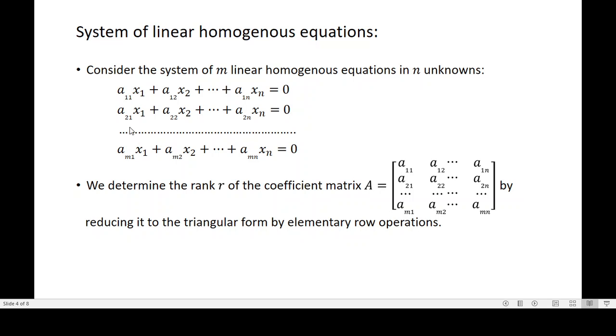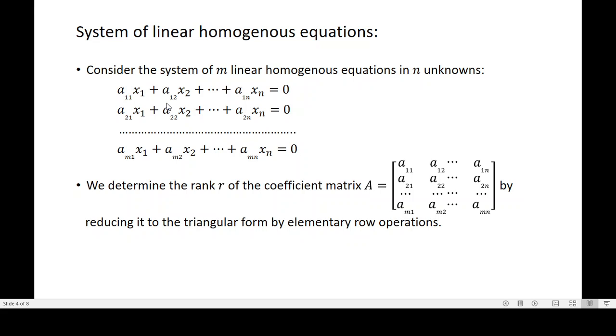The third equation is a31 x1 plus a32 x2 plus a33 x3 plus so on plus a3n xn is equal to 0. Similarly, the mth equation, which is the last equation, is am1 x1 plus am2 x2 plus so on plus amn xn is equal to 0.